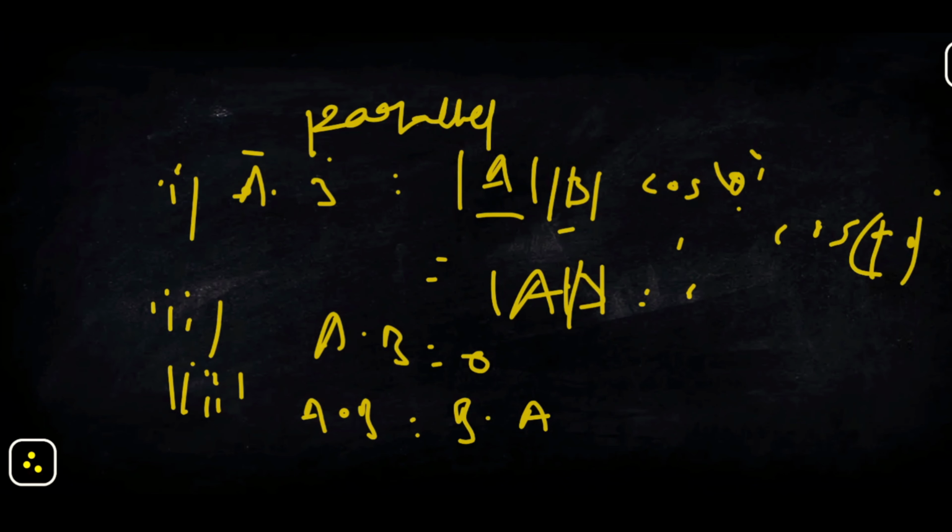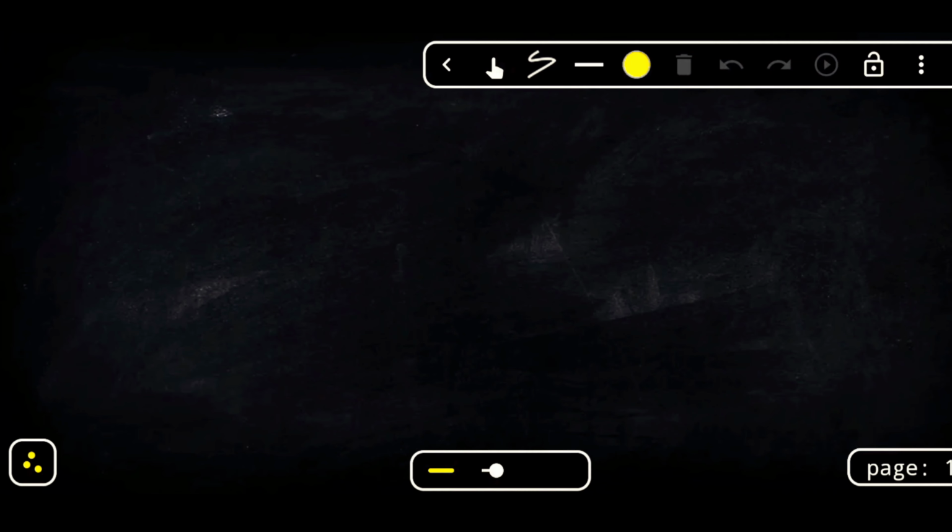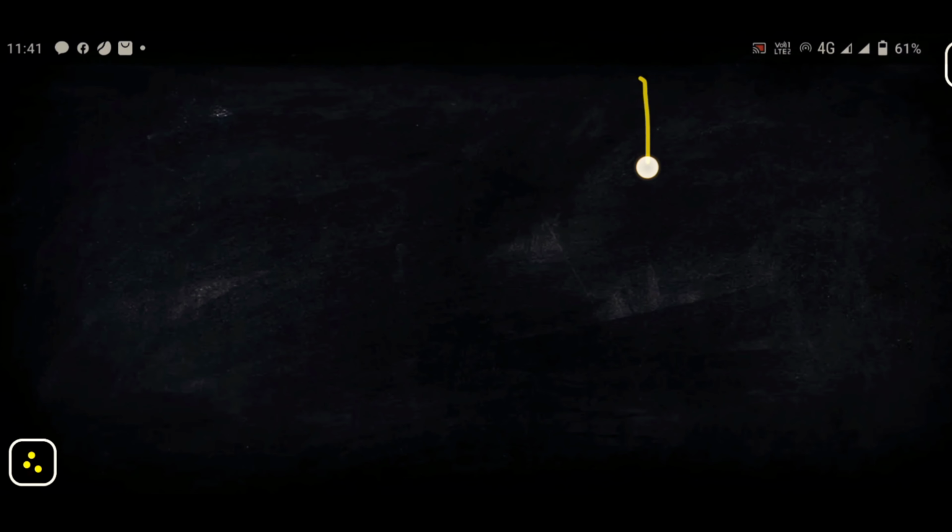Okay. Consider the unit vectors AX, AY, AZ. These are the three unit vectors. What is the dot product of two unit vectors? Let us see. If you consider the X axis, Y axis and Z axis, AX is the unit vector, AY is the unit vector, AZ is the unit vector.